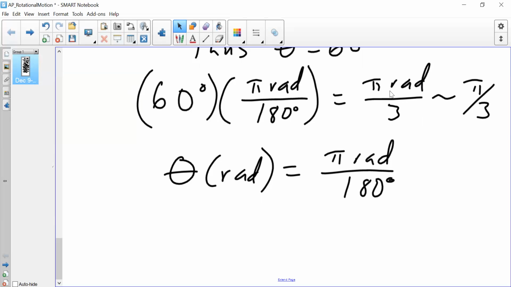And conversely, degrees is just the reciprocal of this, 180 over pi, to get radians into degrees. It's all conversions that we've learned back in chapters 1 and 2, where we get rid of the unit that we don't want, which is degrees, and we're left with the unit in question, the unknown, which is radians. And so this is going to be pi over 3 radians. All right, so that should hopefully be familiar to all of us from trigonometry.